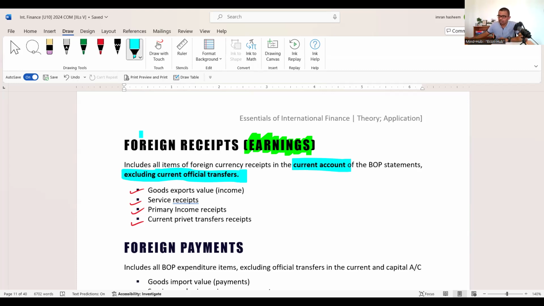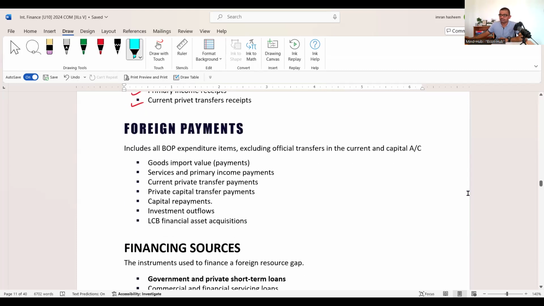Inflows. Outflows, it becomes a bit broader. We focus on all BOP expenditure items. So the current account is there and the capital account also comes into play. Not only that, current, capital and even financial account is there.